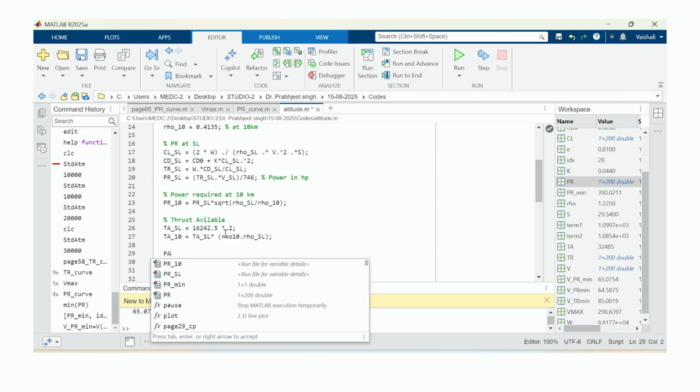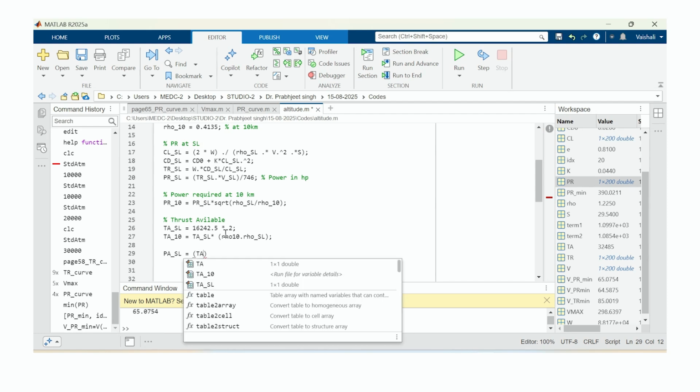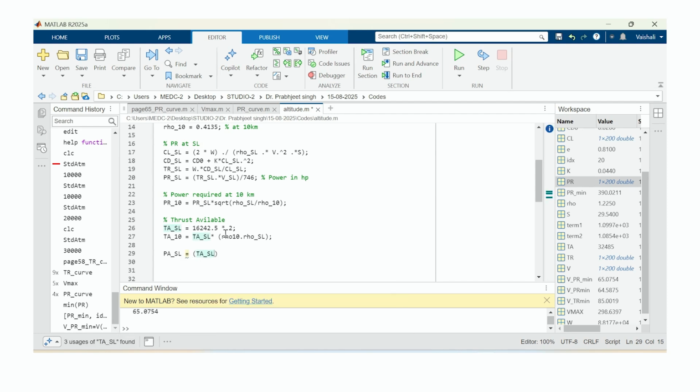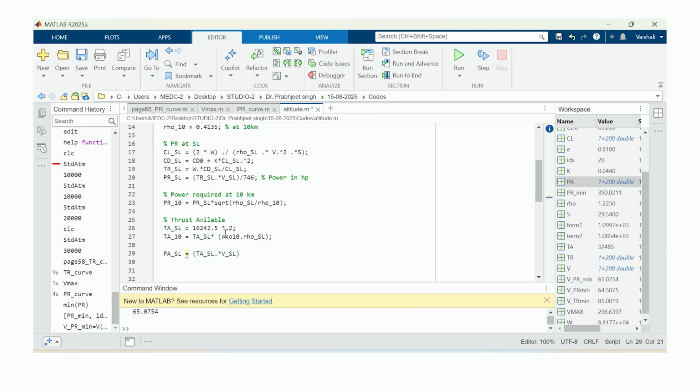Similarly, power available underscore SL equals thrust available at sea level into velocity at sea level, which again we have to divide by 746. Now what we are getting is the power available in horsepower at sea level.